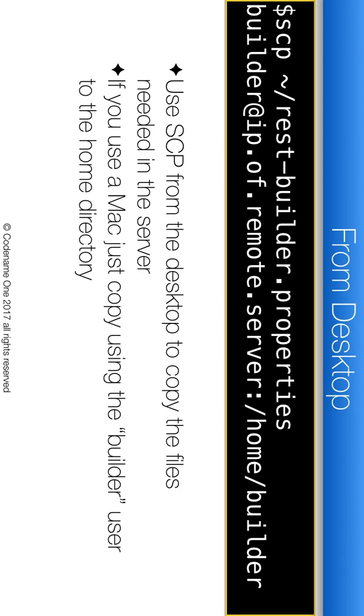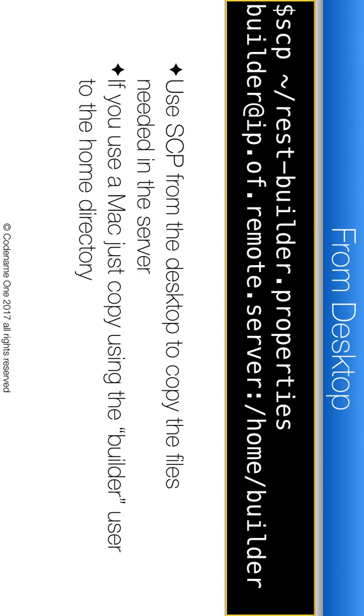If you are familiar with the Unix cp command, this is roughly the same syntax, only through the network. This code is executed on my local Mac, so the first argument copies my instance of rest-builder.properties, which includes server configuration settings. That's the file we will be copying. The second argument is the destination.